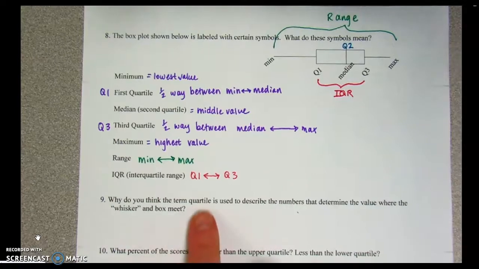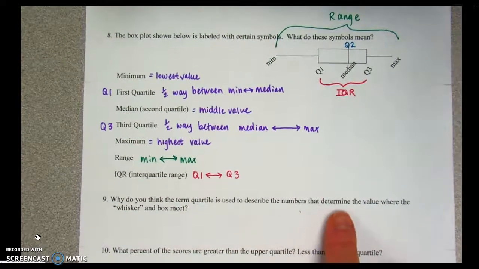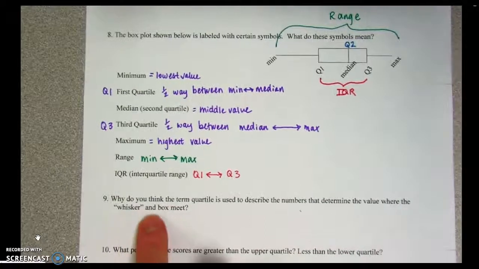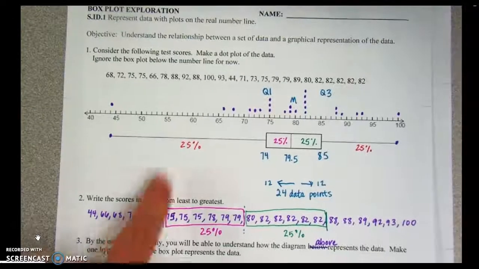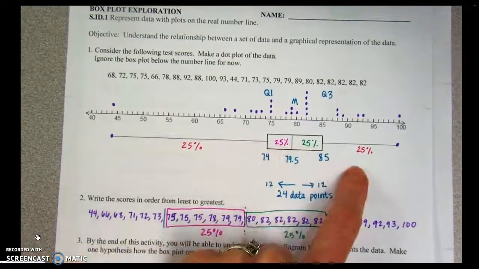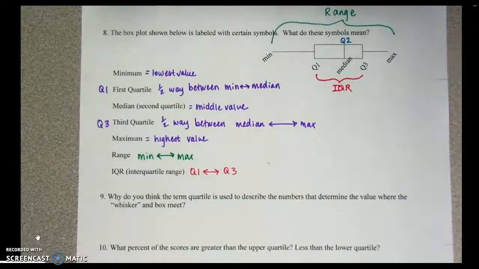Now, why do you think the term quartile is used to describe the numbers that determine the values where the whiskers in the box meet? Why would this be called a quartile? Well, considering that on the previous page we discovered that this divides this up into 25%, or each part of this represents a quarter.